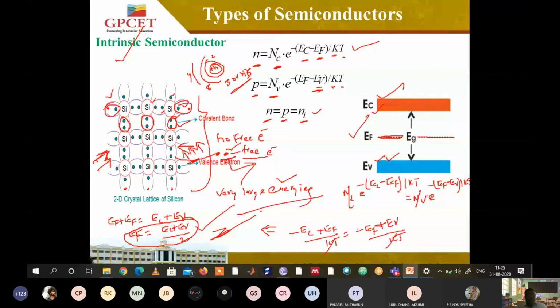Now, can you guess where this Fermi level is for extrinsic semiconductors? Is it nearer to the conduction band or nearer to the valence band? Can you guess it? Are you getting this, dear students? Sir, can you tell me for N-type semiconductors?